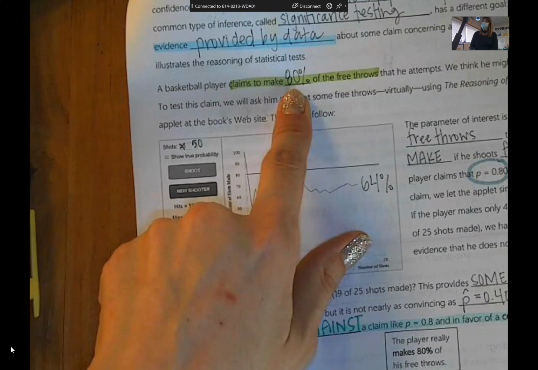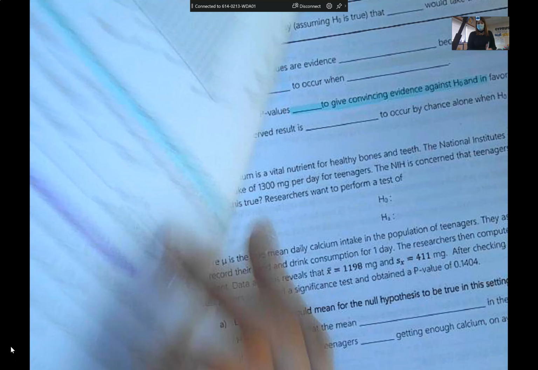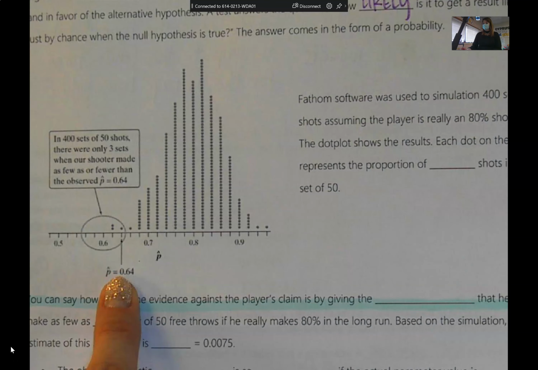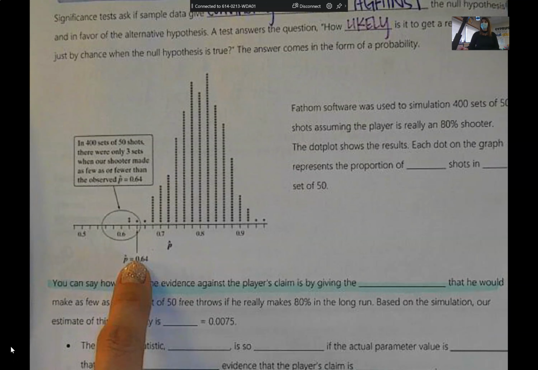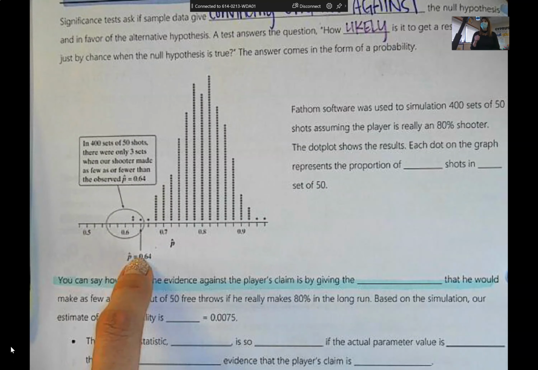So this goes back to this guy who claims that he can make 80% of his free throws. So we get a sample value of 64%, and we want to know how likely it is we would get a sample value like that if he really shoots 80%.